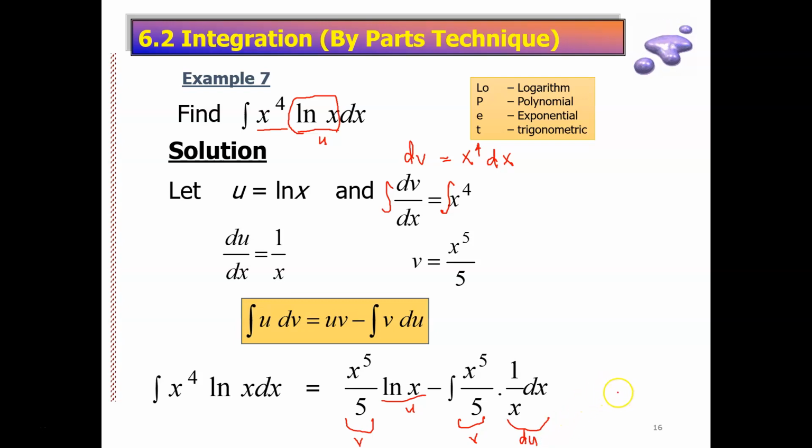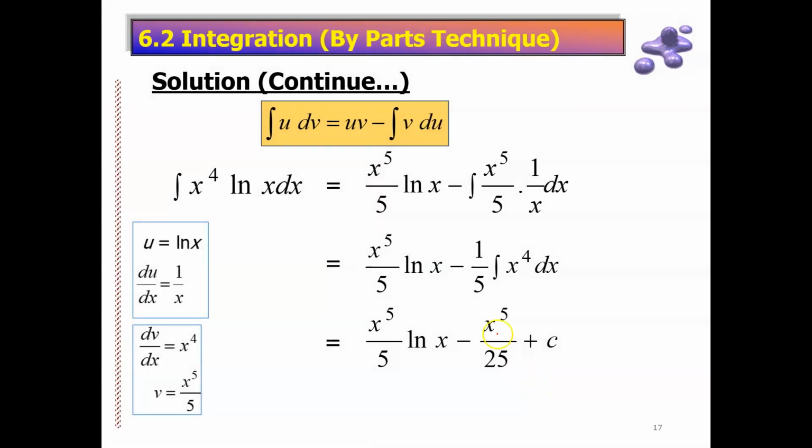Okay. So, next step is we're going to solve this part yang ada integration ni. Okay, kita tulis mula this one. We're going to solve this. This one, you just need to rewrite it back. And then for this one, you integrate x to the power of 5. Since this one, we have constant 1 over 5. Why 1 over 5? Why not we put it outside? 1 over 5 ni letak dekat luar siap-siap.